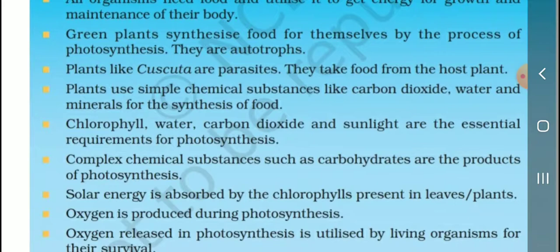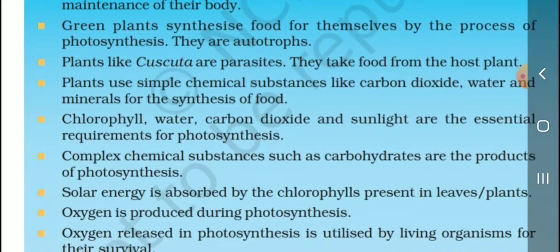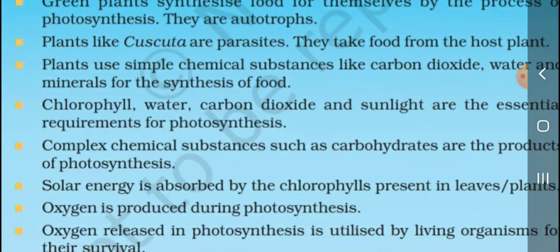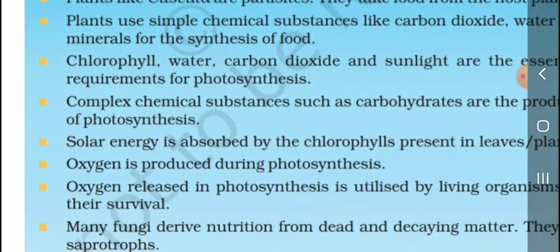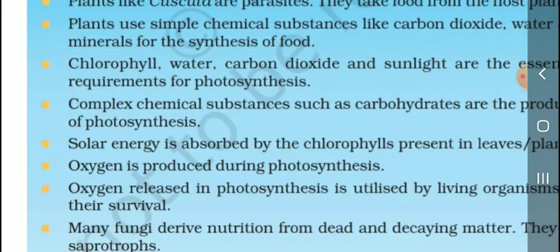Plants use simple chemical substances like carbon dioxide, water and minerals for the synthesis of food. Chlorophyll, water, carbon dioxide and sunlight are the essential requirements of photosynthesis. Complex chemical substances such as carbohydrates are the products of photosynthesis. Solar energy is absorbed by the chlorophyll present in leaves.